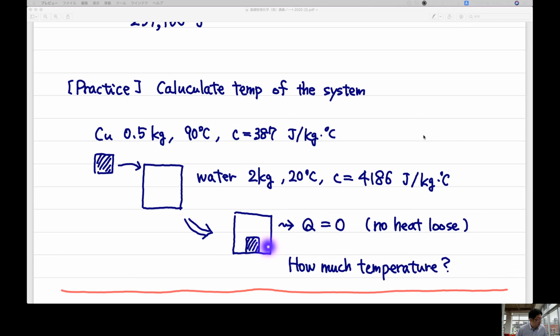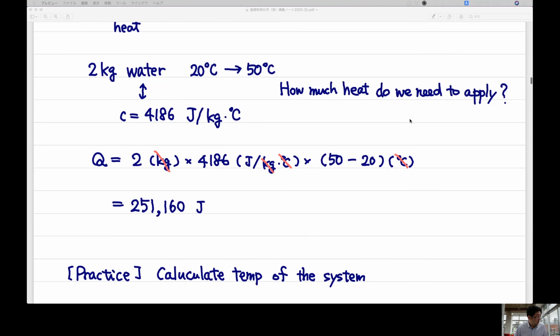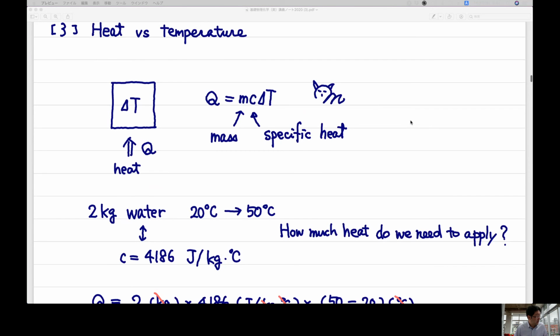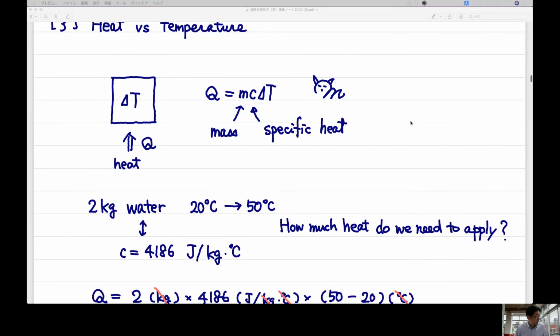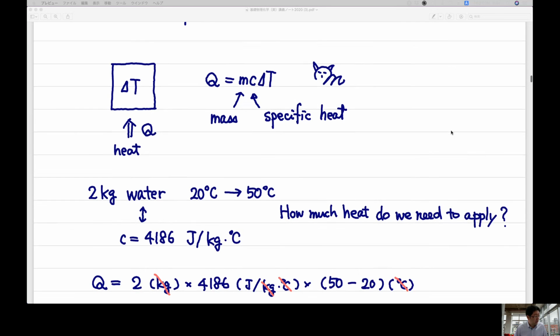Copper temperature and water temperature should be the same, okay? And the important thing is, the total heat Q should be 0. So you can make the equation of the transformation of the system by use of the internal energy and Q equals MCAT.